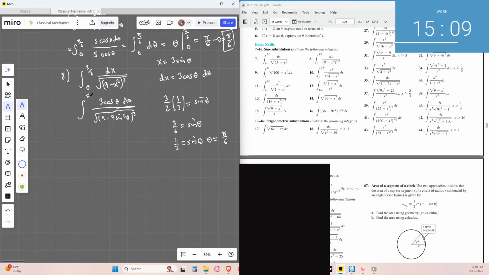So it's pi over 6, and then 0. Okay. No problem at all. What else is here? So now we're going to have to do a little bit of manipulation here, which is fine.